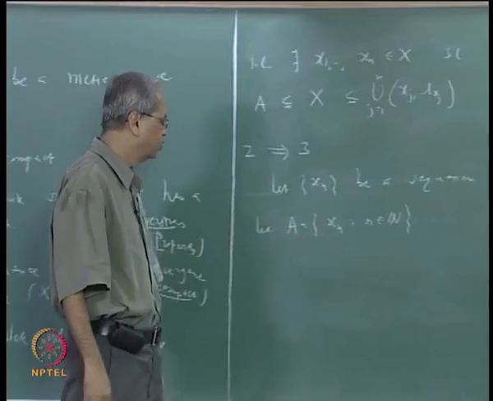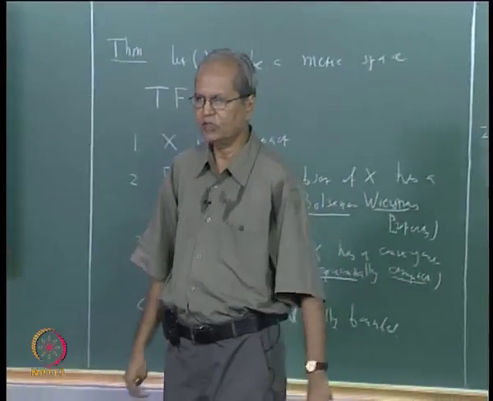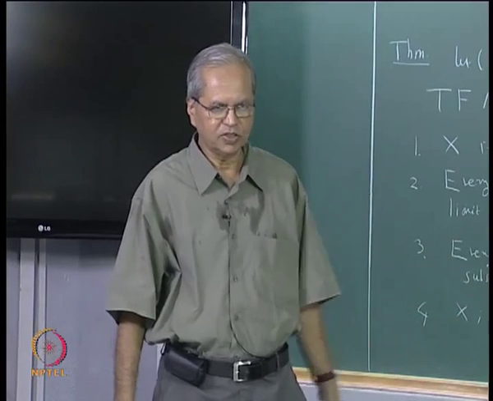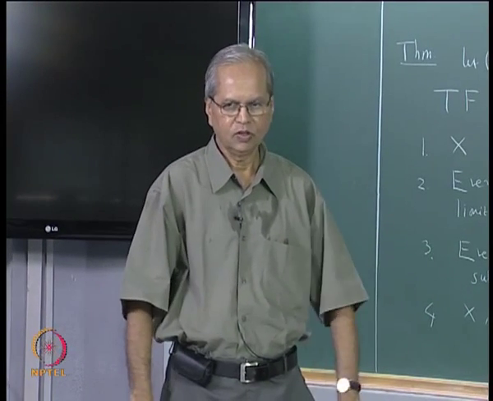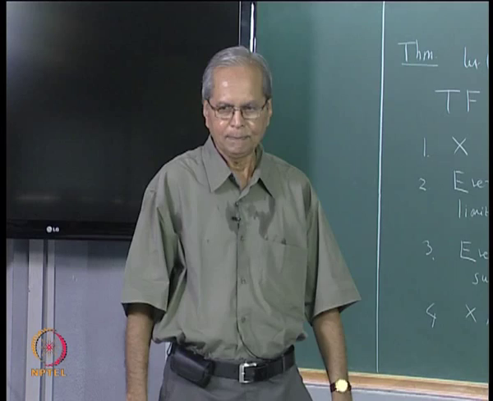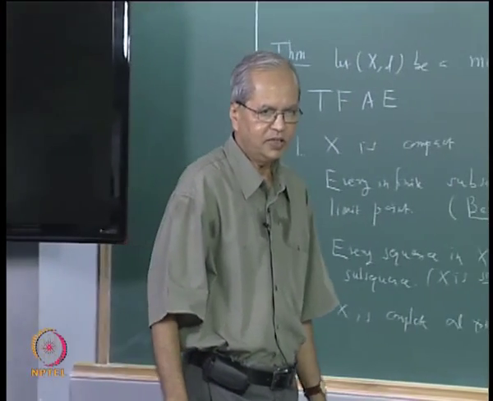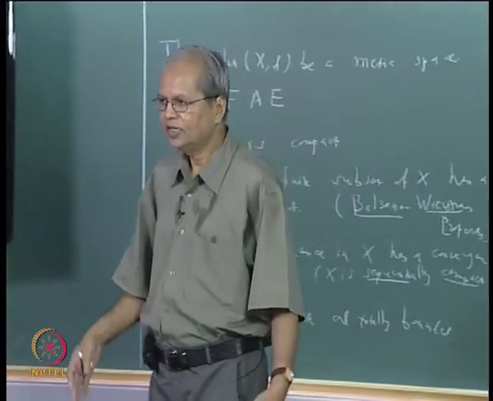In other words, every sequence is a function, and what you can call the range of that function is the set of all those points which form the sequence. There are of course 2 possibilities, A may be finite or A may be infinite.